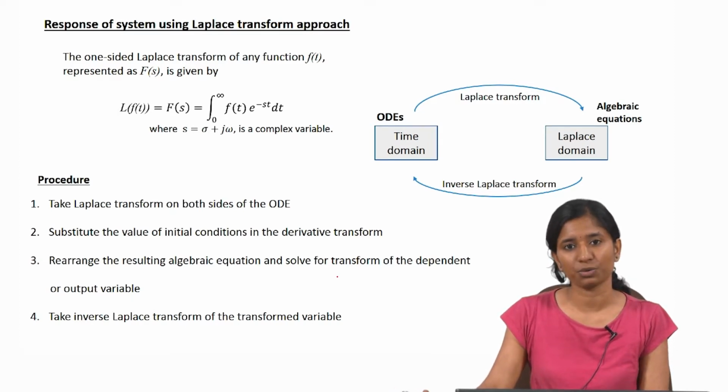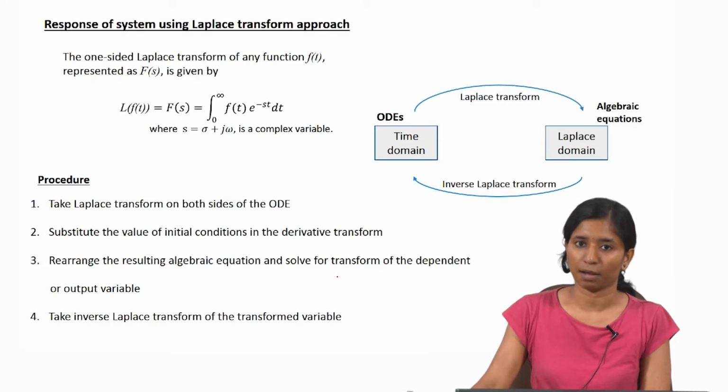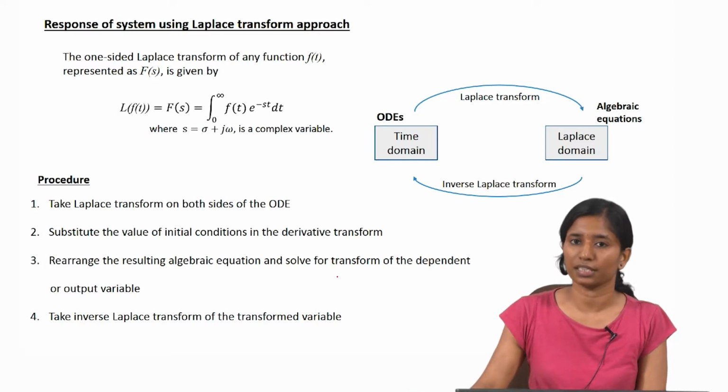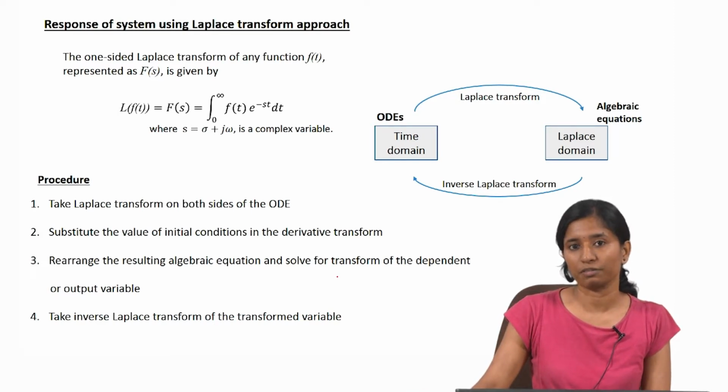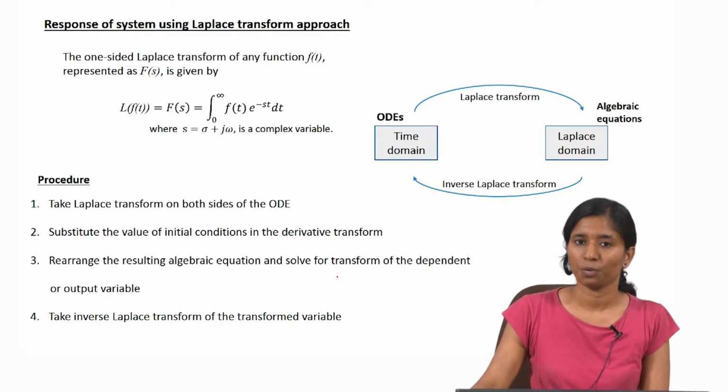So, one such tool which is very popular in the control engineering field is the Laplace transform tool. This Laplace transform tool is used to convert differential equations into simple algebraic equations which are quite easy to study and analyze and manipulate.